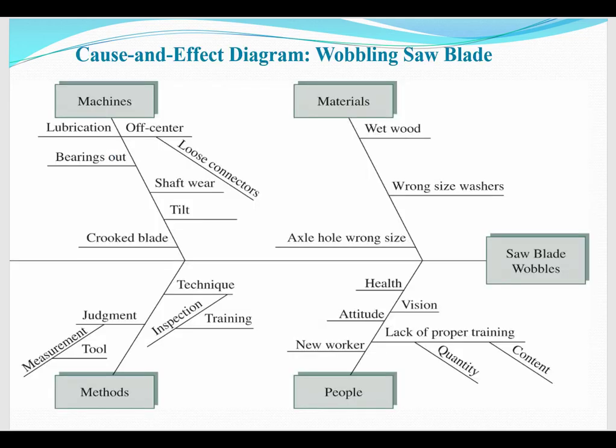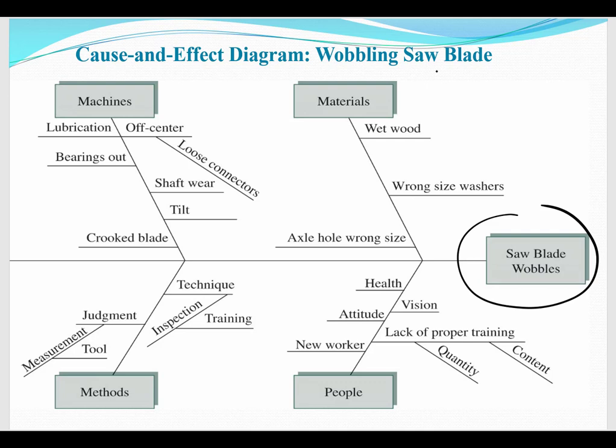So here's an example: a wobbling saw blade. The wobbling saw blade is the actual problem, but then we try to reduce it down to people or man, machines, methods, materials, and within each of those, we try to identify a possible explanation.